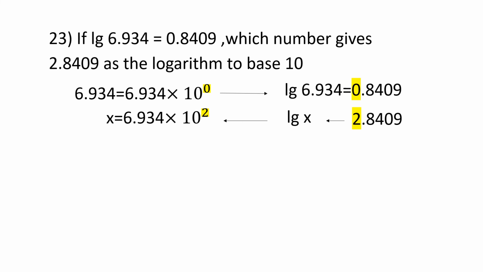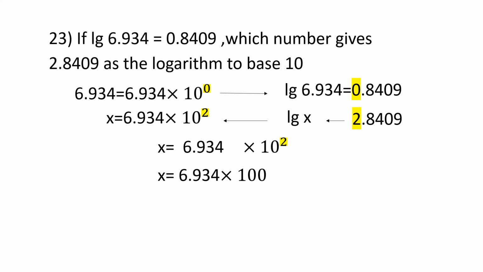So, the value of x is 6.934 multiplied by 10 to the power 2. 10 to the power 2, the value is 100. So, 6.934 multiplied by 100 is 693.4. From the given answers, the answer is answer 3.